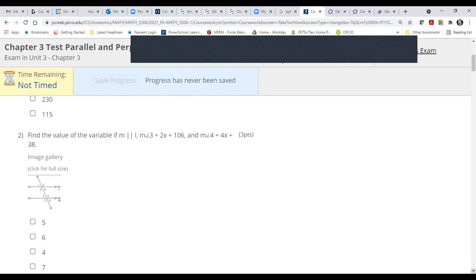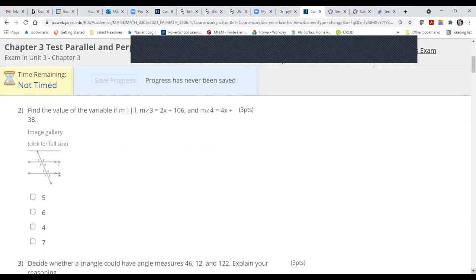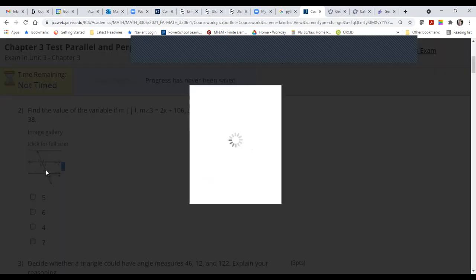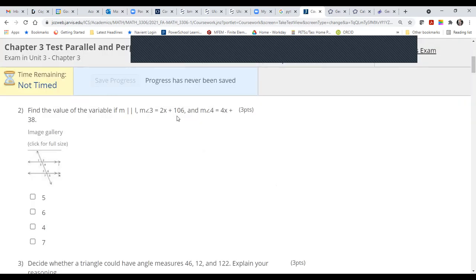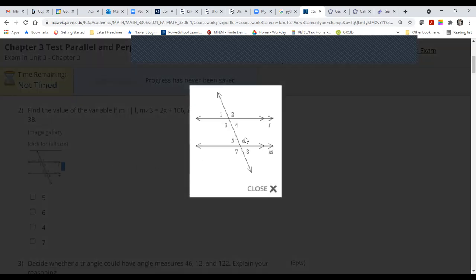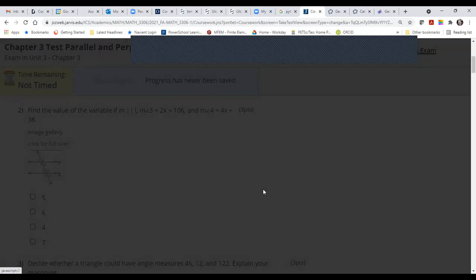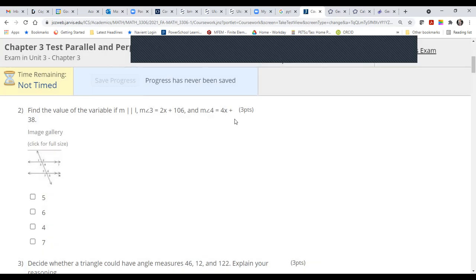So find the value of the variable x if m is parallel to L. And you have the measure of angle 3 equal to 2x plus 106 degrees, and then the measure of angle 4 equal to 4x plus 38.